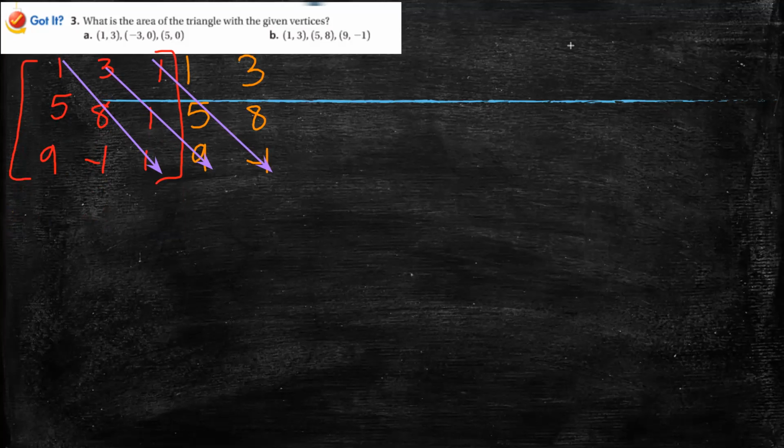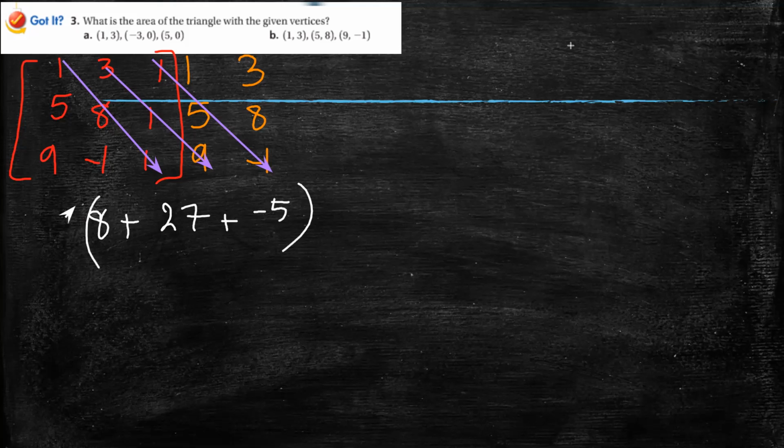One times 8 times 1 is 8. Plus 3 times 1 times 9 is 27. Plus 1 times 5 times negative 1 is negative 5. Minus the second one now. 9 times 8 is 72 times 1, 72.